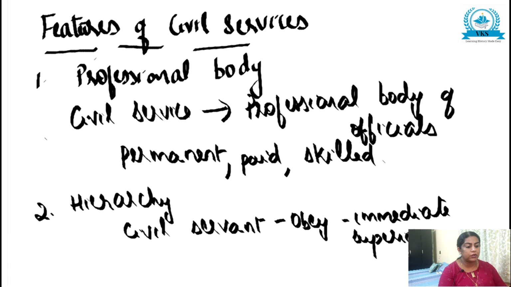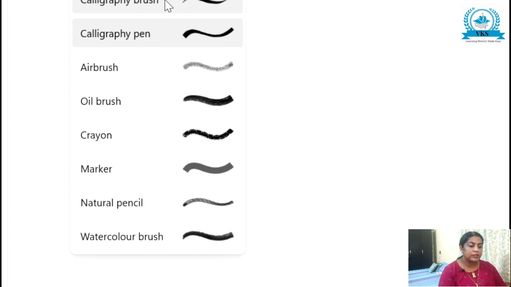So the first one is a professional body which is permanent, paid and skilled. And the second point, there is a hierarchy of power, that is each civil servant has to obey his immediate superior, and the high-ranking officer has a discretionary power to supervise his subordinates. Now let us move on to the third feature, that is political neutrality.